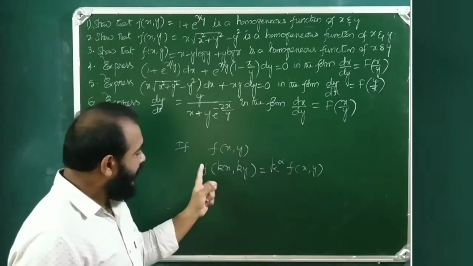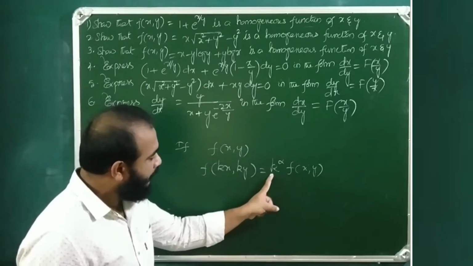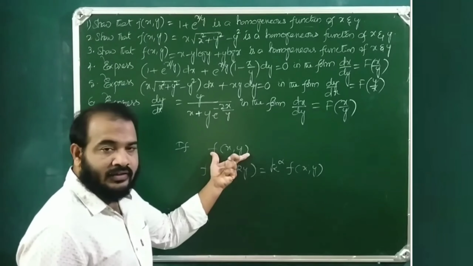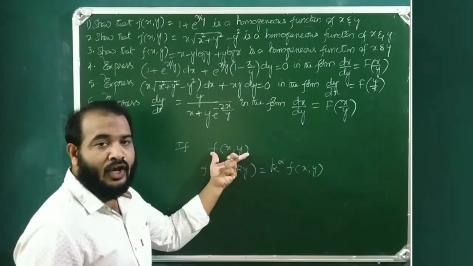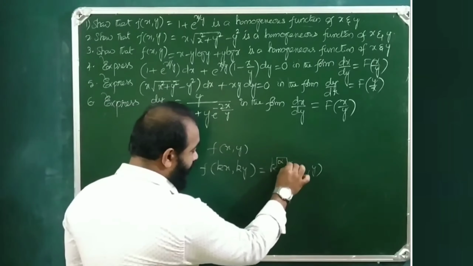So if we can express f of kx, ky as k power alpha into f of x, y, then the given function is said to be a homogeneous function of degree alpha.